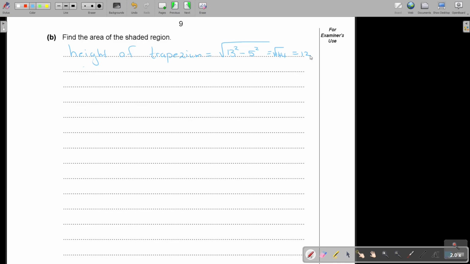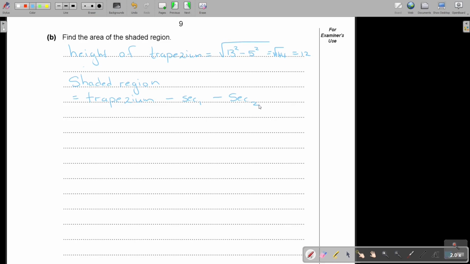So I can say the shaded region, okay, let's just see what I'm going to do. I'm just going to put it here. It's going to be the trapezium minus sector 1 minus sector 2.